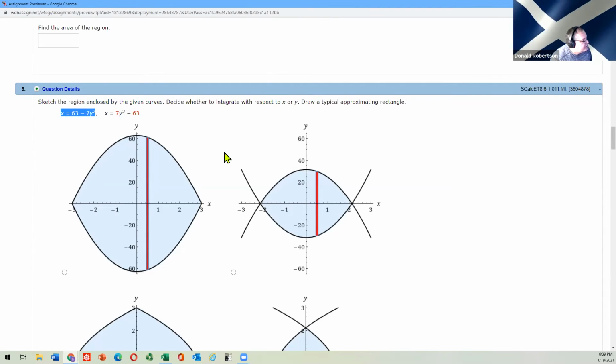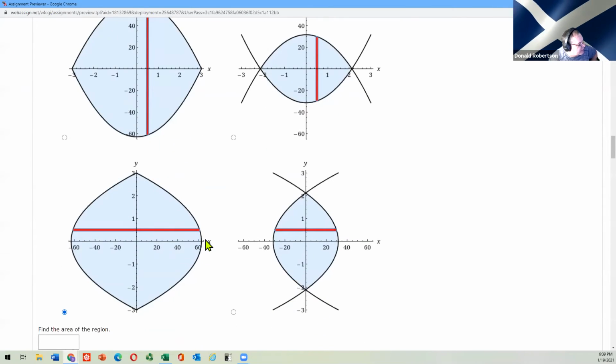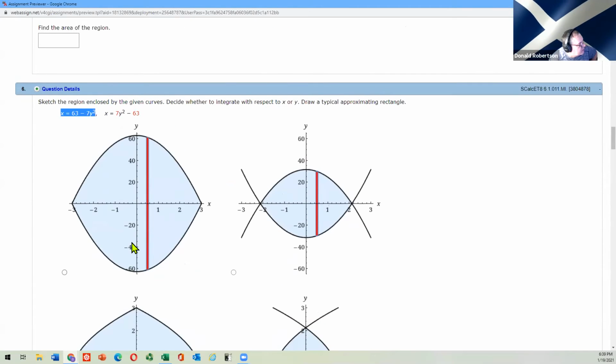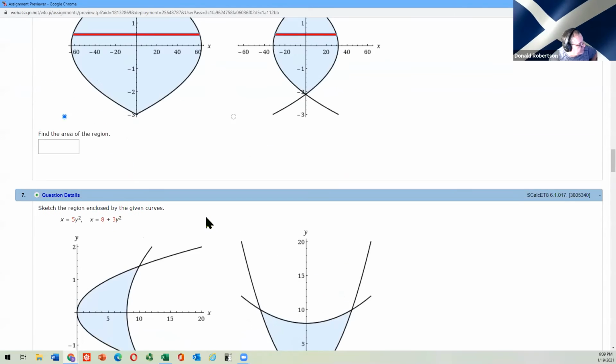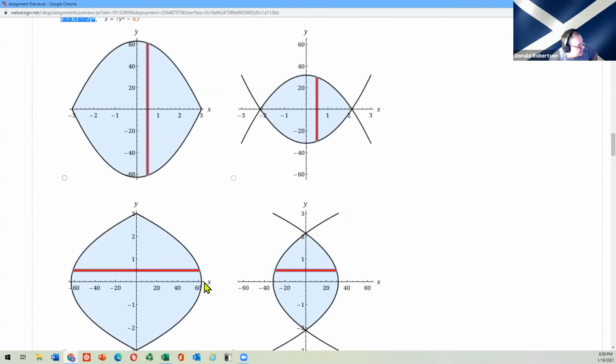Take this fella here, 63 take away y squared. If I wanted to know where this fella cuts the x-axis, sorry, not the y-axis, where this fella cuts the x-axis. If it's 60 something, then it's this picture.